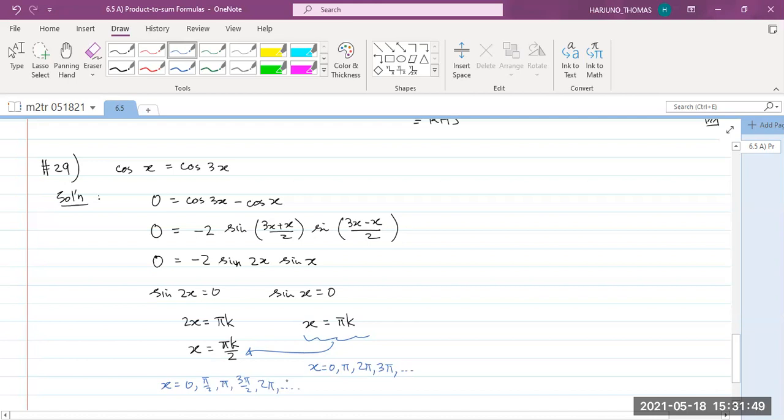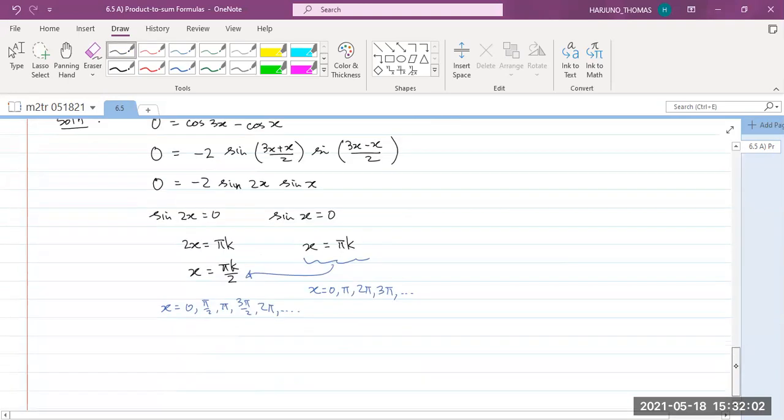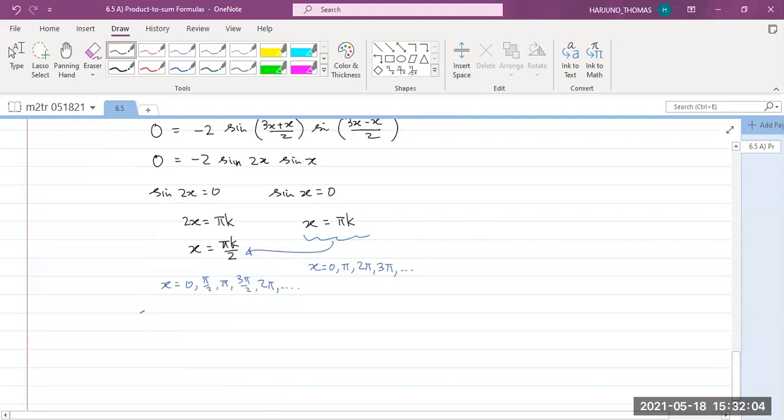You see that the solutions from the right branch are part of the solution on the left branch. Therefore, we can just condense them into the solution on the left branch. So x equals pi k over 2 for k any integer.